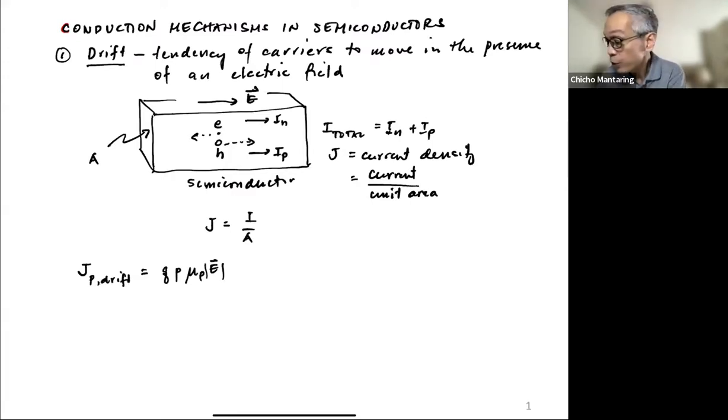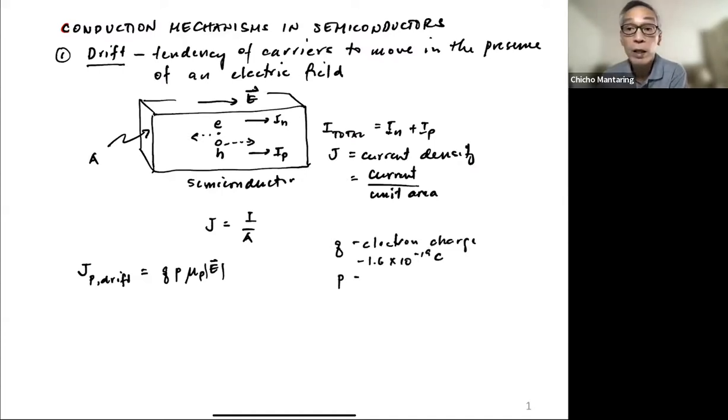So q, this is your electron charge. We know this to be 1.6 times 10 to the minus 19 coulombs.